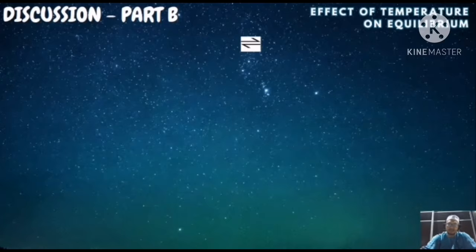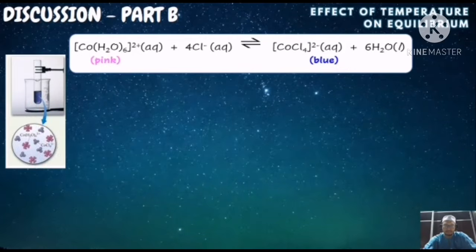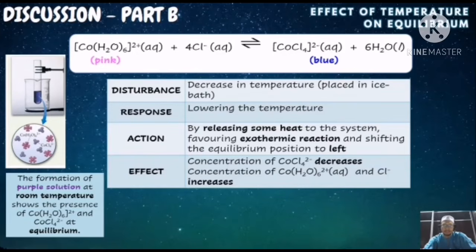Discussion part B. Effect of temperature on equilibrium. The formation of purple solution at room temperature shows the presence of hexachlorocobalt(II) complex and tetrachlorocobalt(II) ions at equilibrium. The disturbance is a decrease in temperature by placing the sample in an ice bath.